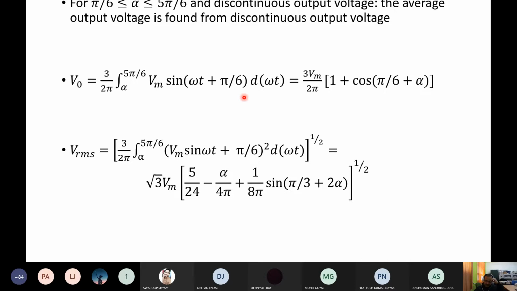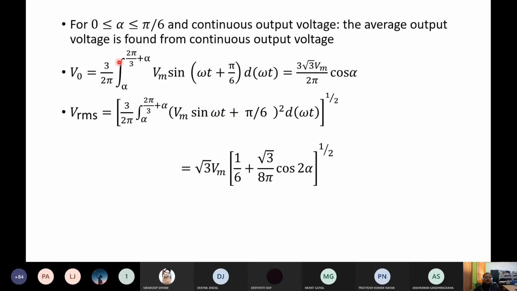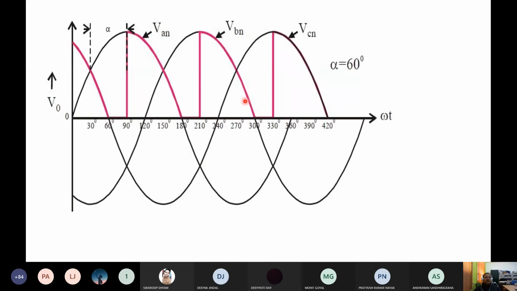Okay. But for continuous conduction, for RL load, what will be the change? You tell me. For this thing, there will be no change. For this, there may be a change because there may be continuous conduction some of the time. So what will change?